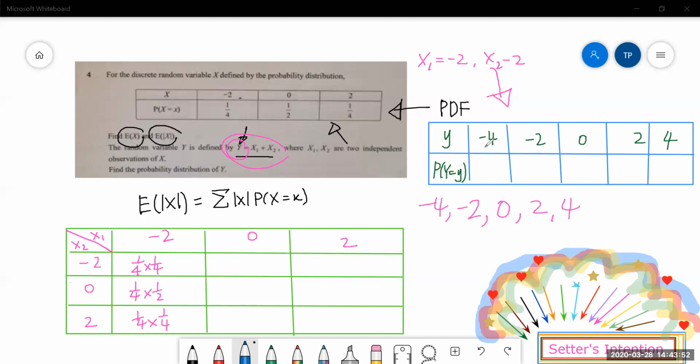How I get -4 is from -2 plus -2. How I get another discrete value -2 is when I use -2 plus 0, or rather 0 plus -2 also. How I get 0 here is when I have 0 plus 0. How I get 2 here is 0 plus 2 or 2 plus 0. How I get the 4 here is when I have 2 plus 2.